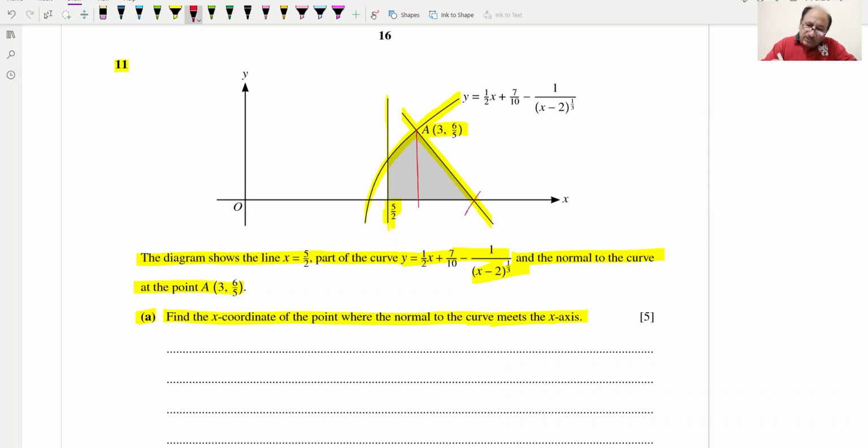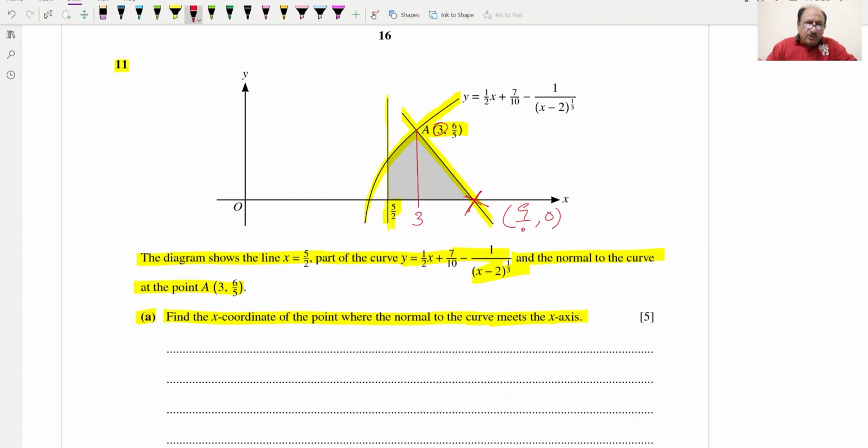For the x coordinate of this, y will be 0. So the x coordinate is required. This is basically our question. And for this other one, it's already 3, so the x coordinate will be 3.